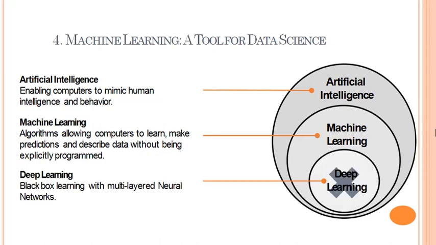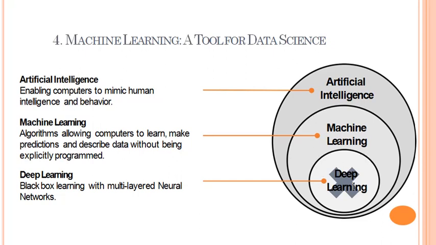Within the domain of machine learning, we have the domain of deep learning. So deep learning is a subdomain of machine learning, and machine learning is a subdomain of artificial intelligence.